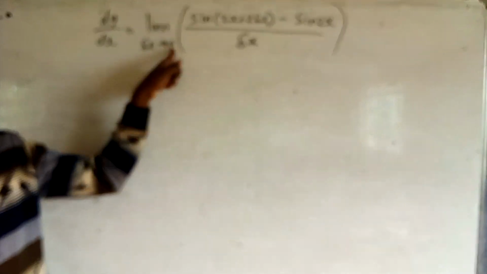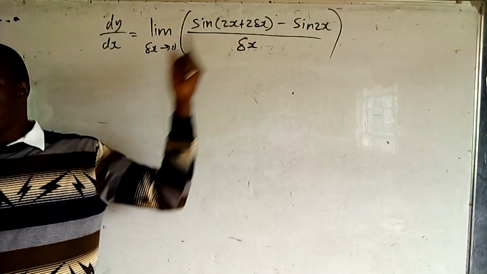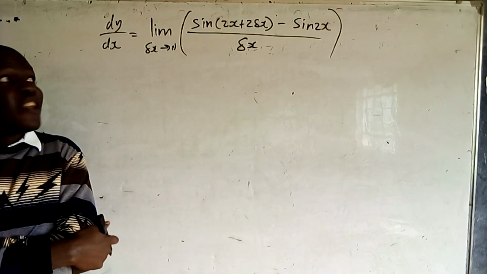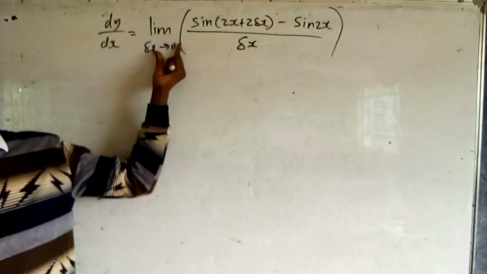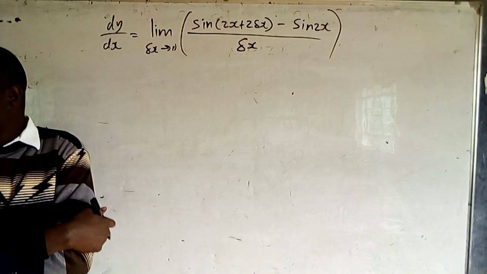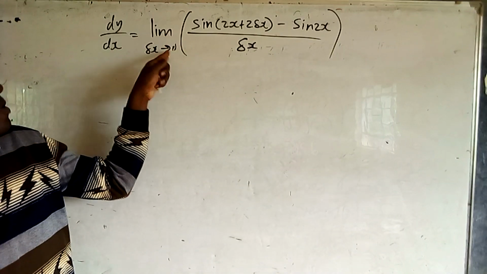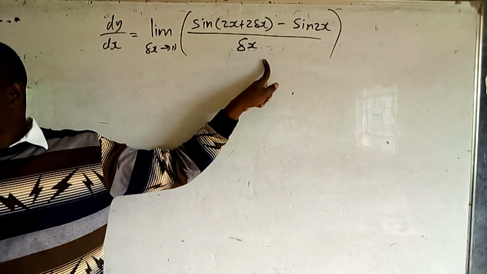When you try to substitute this change in x as tending to 0, you see there's 0 in the denominator. You see that? There's 0 in the denominator. This is a very small change. It is a case of indeterminate form. So if it is a case of indeterminate form, you cannot evaluate the limit by substituting change in x to be 0 in this problem.